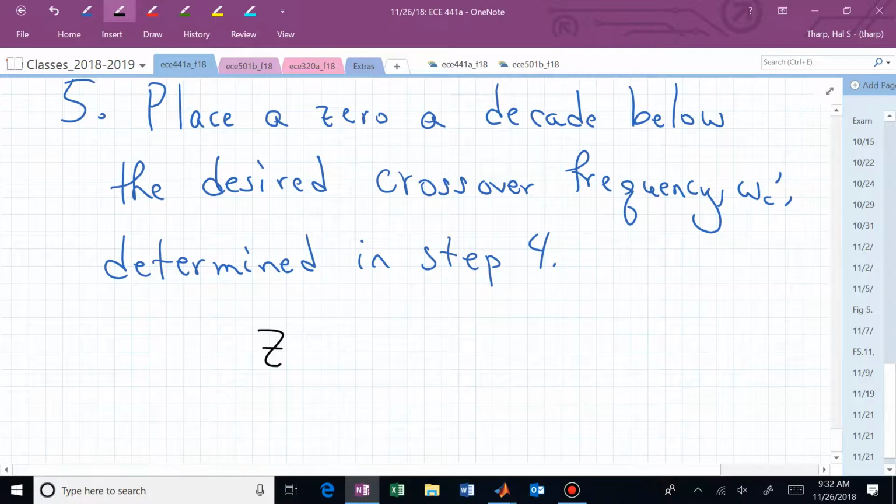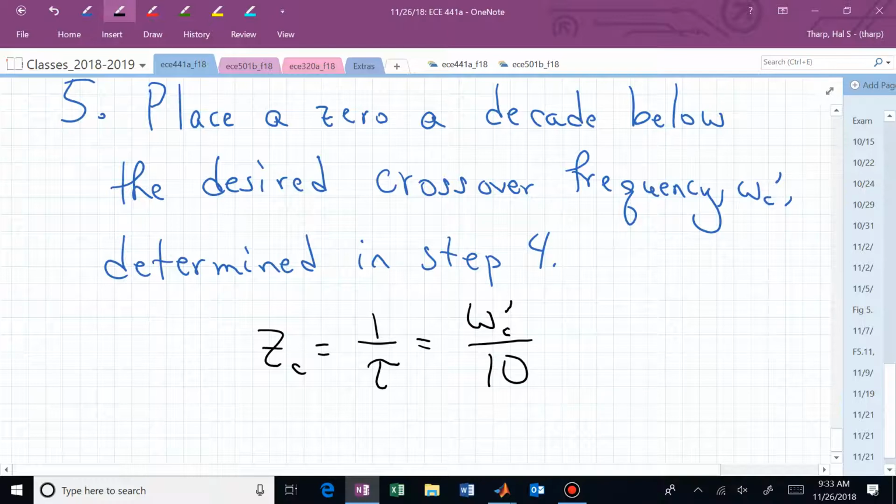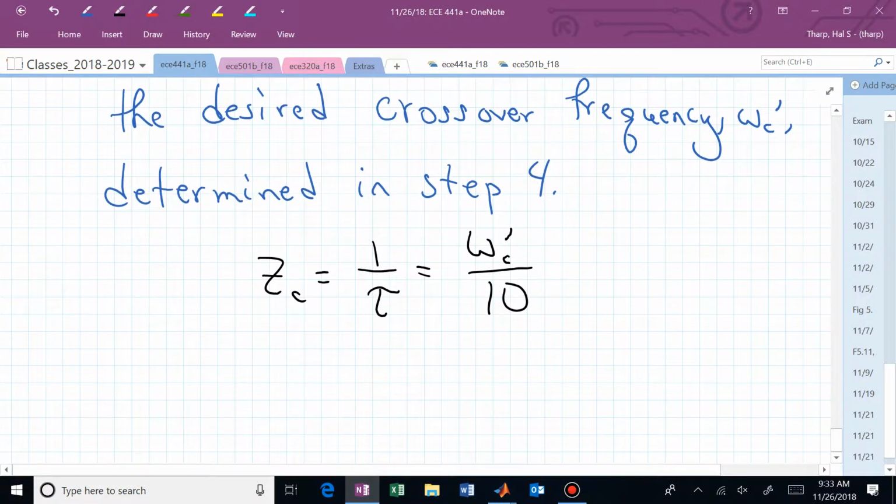We have a formula for z sub c that's equal to 1 over tau if you need to know the time constant. But from step 4 we found omega sub c prime, and a decade below that is achieved by simply dividing that by 10.